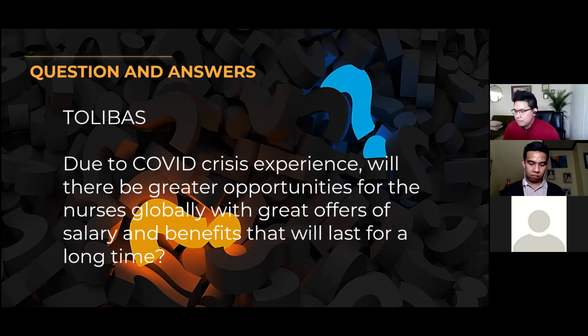At that time, New York offered $100 to $150 per hour. That translates to more than 500,000 pesos per month before tax. So it is one of the great examples.